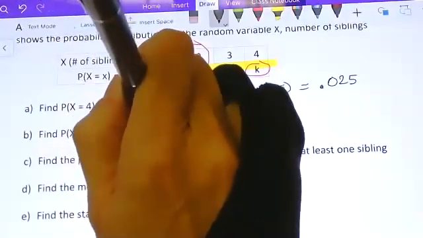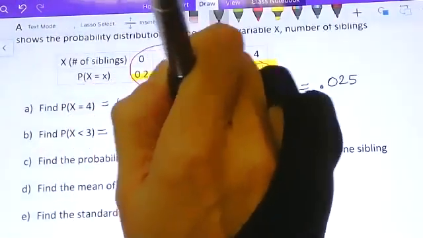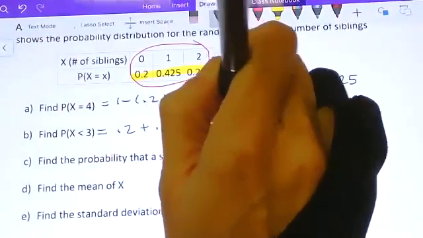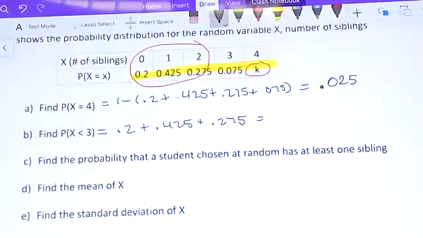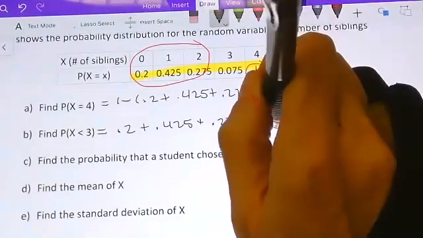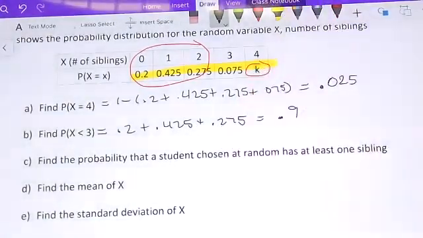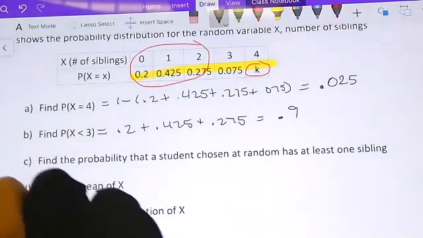So 0.2 plus 0.425 plus 0.275. And yes, I realize that that's an easy calculation and it's pretty intuitive. But you still got to tell me what you're doing. It's 0.9. So 90% of the class has less than 3 siblings.